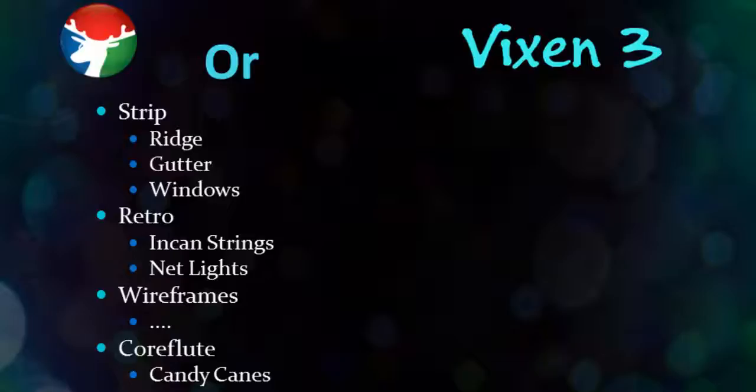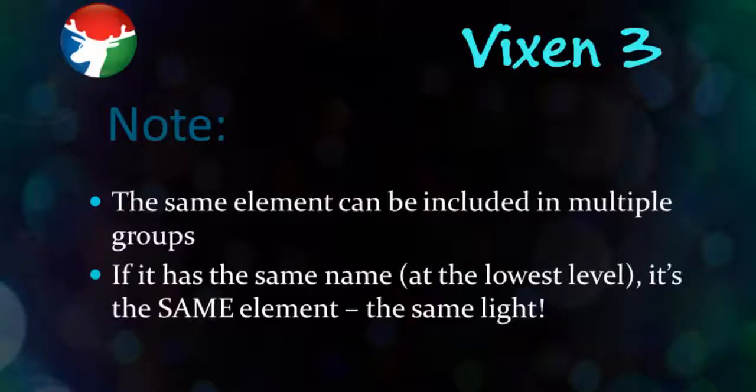Now the interesting thing is that you can have both of those groupings set up together within the same setup, because the elements can be included in multiple groups. If the element has the same name in different places, in different groups, it's still the same element. So you can set up different groupings to suit how you want to do a particular sequence. And that's completely flexible.